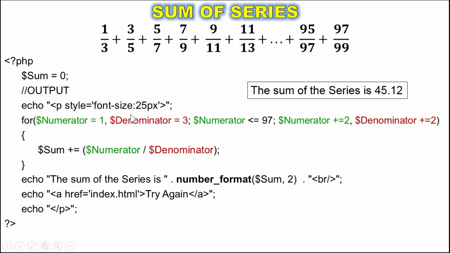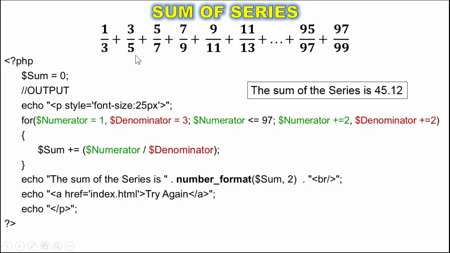We observe that the numerator has an interval to the next numerator of the series. From 1, it will become 3. From 3, it will become 5. And then there is an interval of 2. Likewise, for the denominator, the interval between 2 fractions is 2.